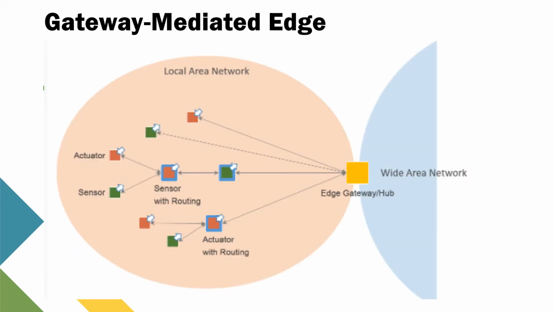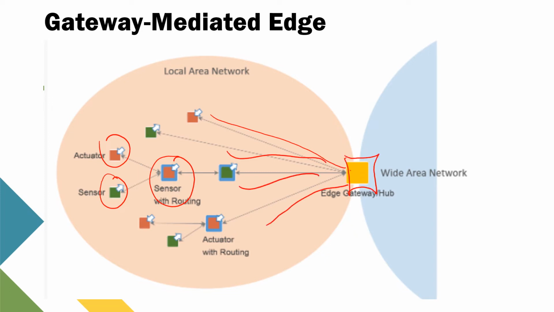So let's see this illustration to show how the edge gateway is placed and how it performs in the IoT. If you can see here in the local area network, between the devices, for example the sensors and the actuator, there will be routing in between. All of this information will be gathered into the edge gateway here.